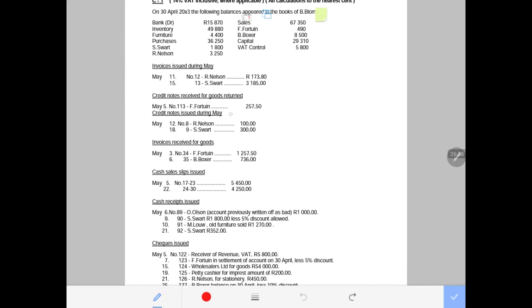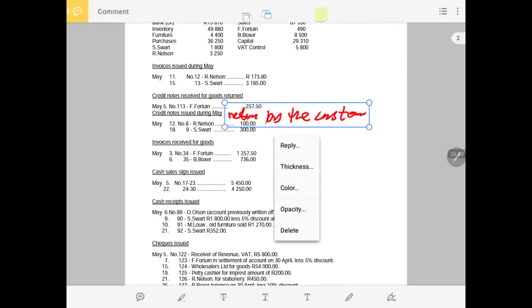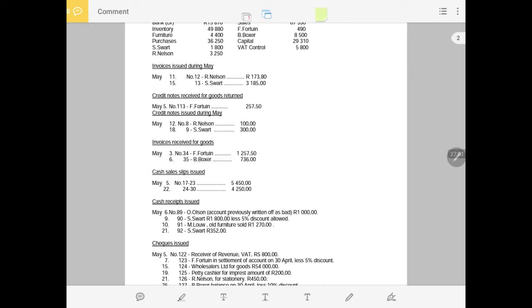Now for this one, this is returned by the customer, meaning the customer is returning inventory back to us. Then now we issue the credit note to that customer. So whenever there's a credit note that is issued, you know that is because the customer returned that inventory and we issued the credit note.